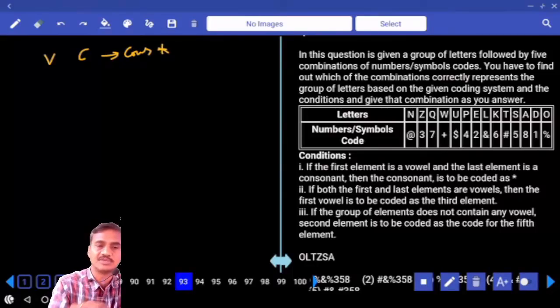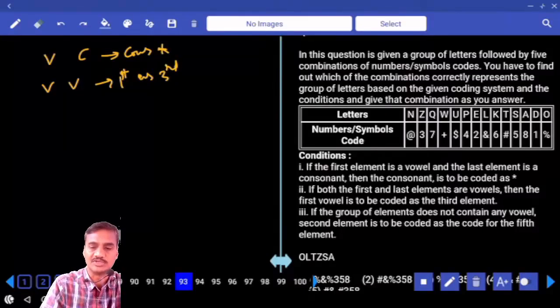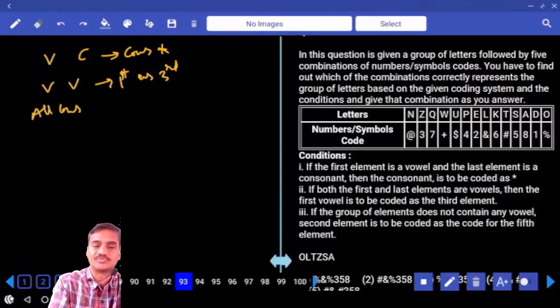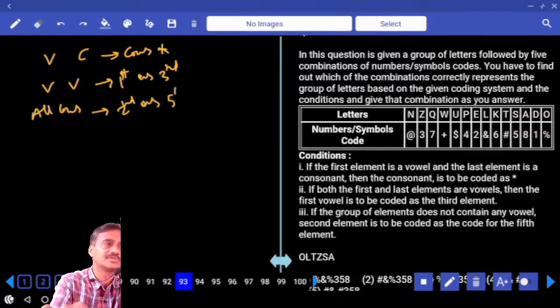Both first and the last elements are vowels. Vowel and a vowel, then the first vowel is to be coded as third. First as third. And if the group of elements does not contain any vowel, all consonants, then the second element is to be coded as the code for the fifth. Now second as fifth.